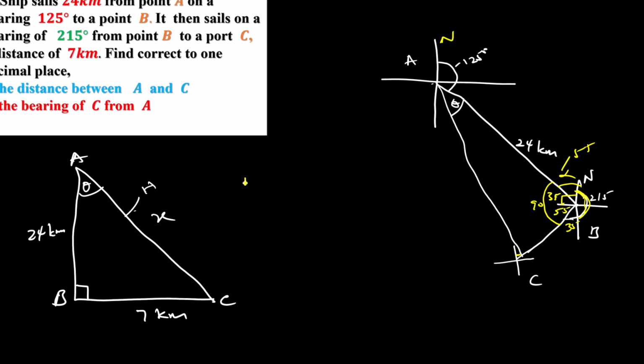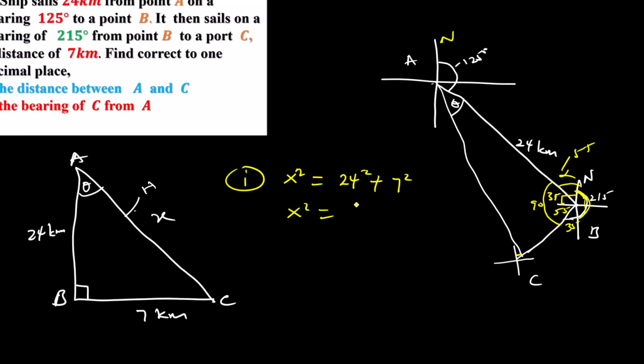So, the distance between A and C. We can apply Pythagoras' theorem, which says the square of the longest side is equal to the sum of the squares of the other two sides. The longest side is AC, so x squared equals AB squared, which is 24 squared, plus BC squared, which is 7 squared.